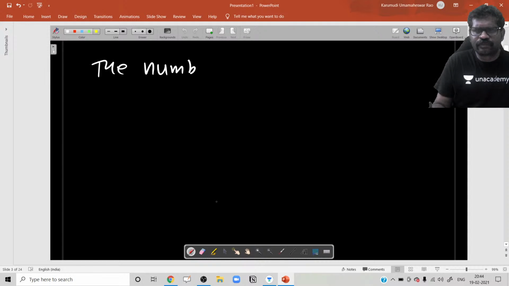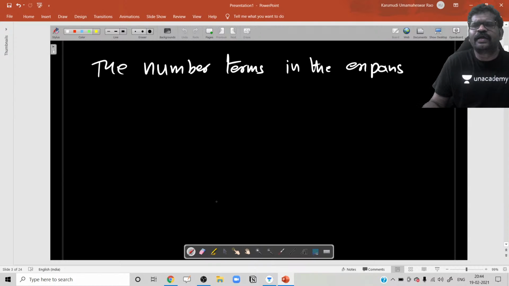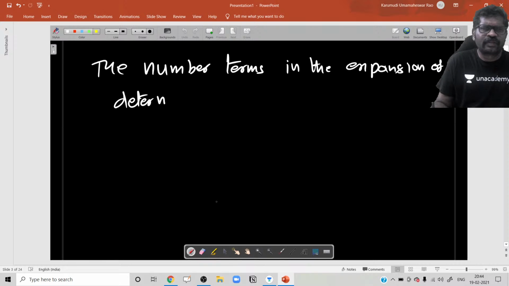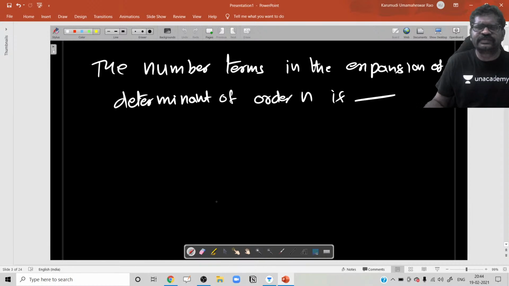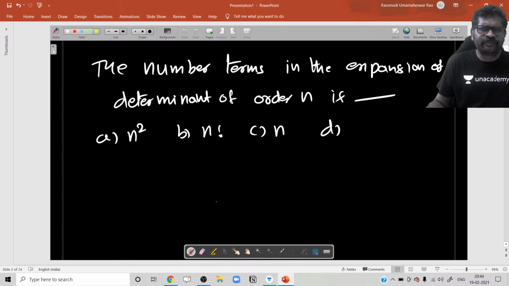Next question. The number of terms in the expansion of a determinant of order n is: first option n square, second option n factorial, third option n, fourth option n plus 1 whole square.